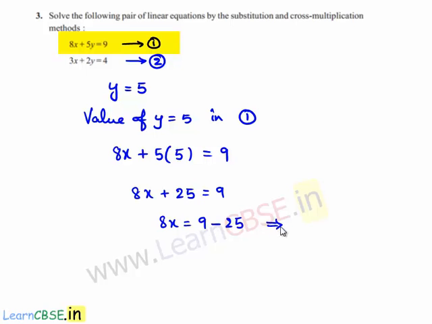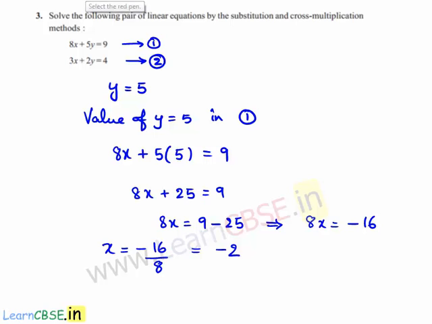That implies 8x is equal to minus 16. Therefore, we get x is equal to minus 16 divided by 8, which is nothing but minus 2. Therefore, we have found the values of x and y as x is equal to minus 2 and y is equal to 5.